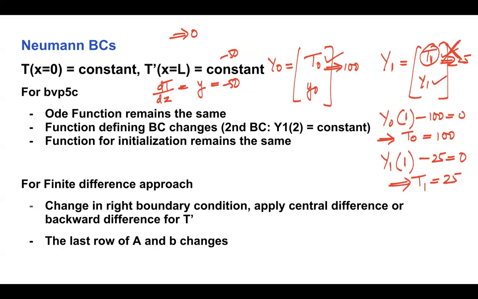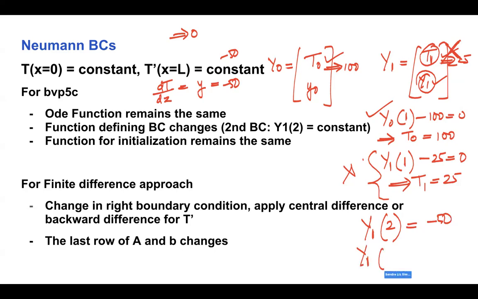So this condition remains as such, but now I don't have this. Instead, I have in y1 the second index, that is equal to minus 50. Writing it as an equation, bringing 50 to the other side, it becomes minus 50 plus 50 equal to 0.